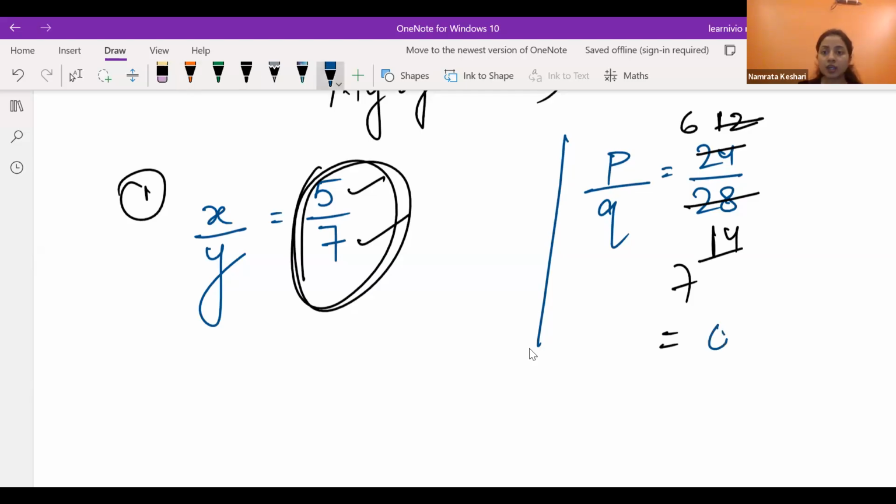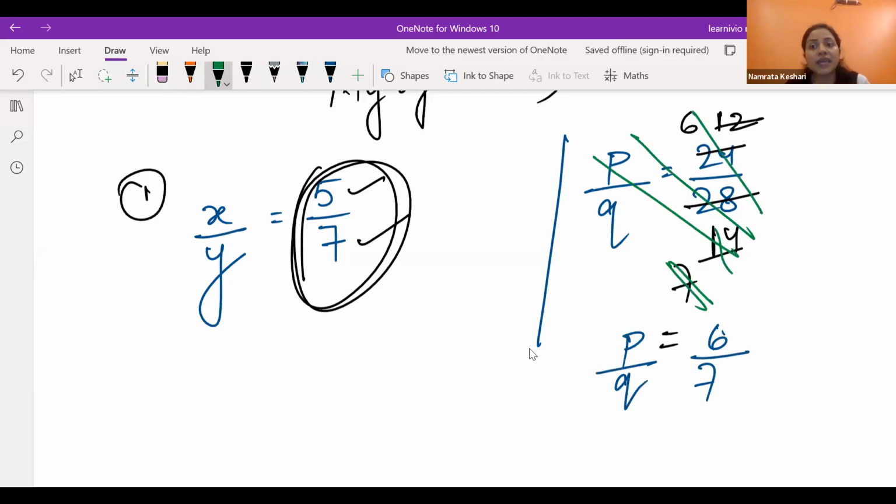Most of the time, whenever a ratio is presented in front of you, it is the reduced version, which may or may not be the original one. That's why we cannot separate the ratio as it is. For the first case, I cannot say that x is 5 and y is 7.